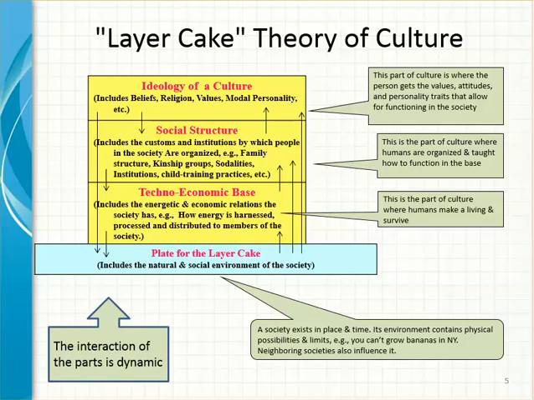Now, the ideology layer of the cake includes the belief systems, religion, values, modal personality, etc. This is the part of culture where the person gets the values, attitudes, and personality traits that allow for functioning in the society. In other words, that allow a person to fit in well, more or less, in the culture they live in.